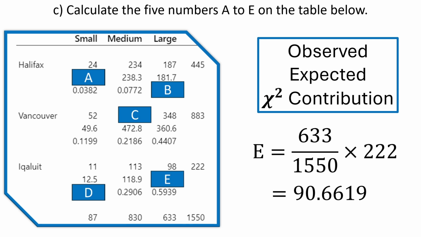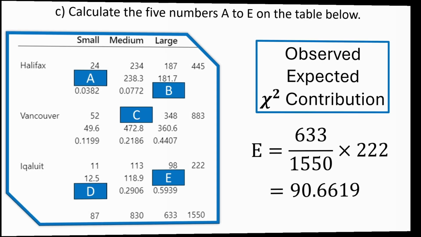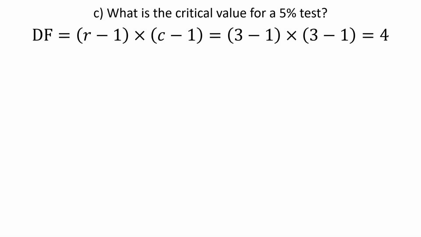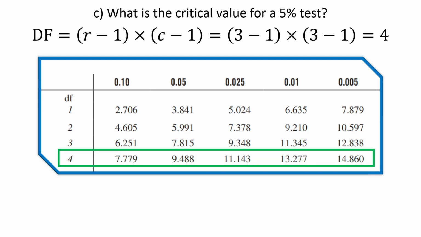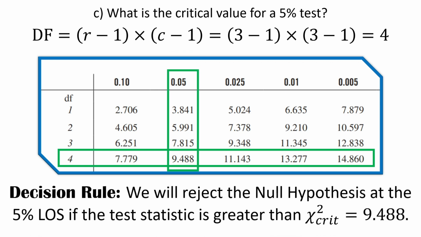And so here we have 3 rows and 3 columns. And so 3 minus 1 times 3 minus 1 gives us 4 degrees of freedom. We're looking for a 5% test. And so the critical value is, again, 9.488. Our decision rule will be that we will reject the null hypothesis at the 5% level of significance if the test statistic is bigger than this critical value.